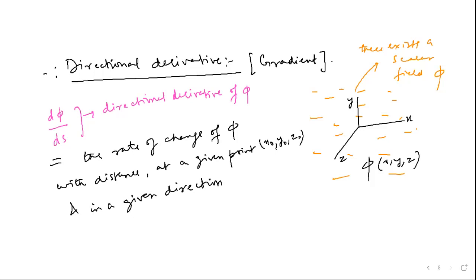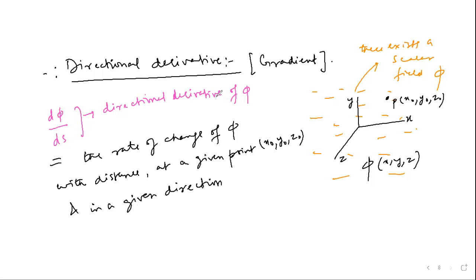What is directional derivative? It is the rate of change of phi with distance at a given point and in a given direction. That means if you are given a scalar field phi and you are asked, for example, to find the directional derivative, you have to first ask at which point. Now, if you are given point, this point P as its coordinates x naught, y naught, z naught, then you have to ask another question: in which direction, right?